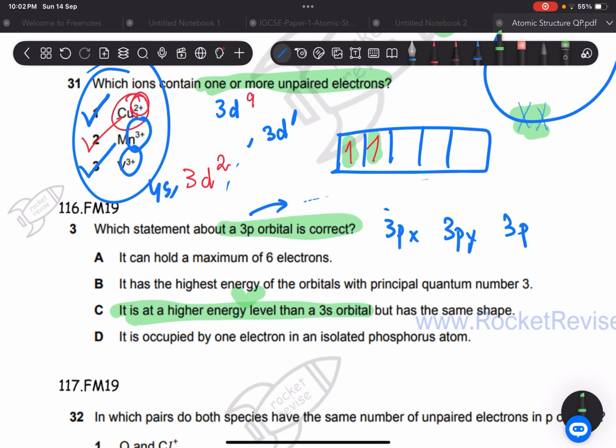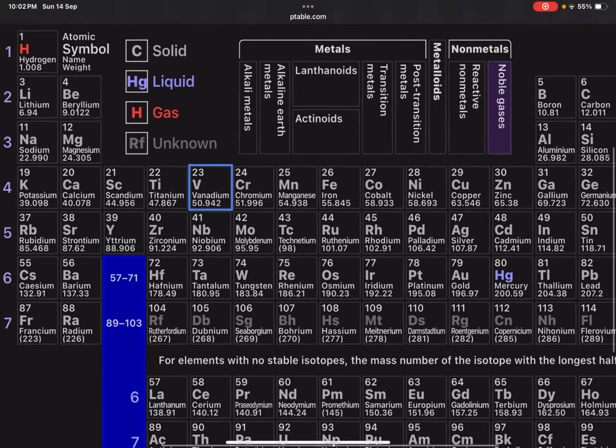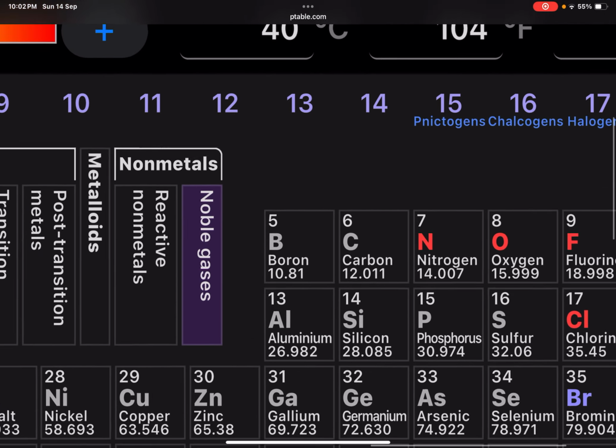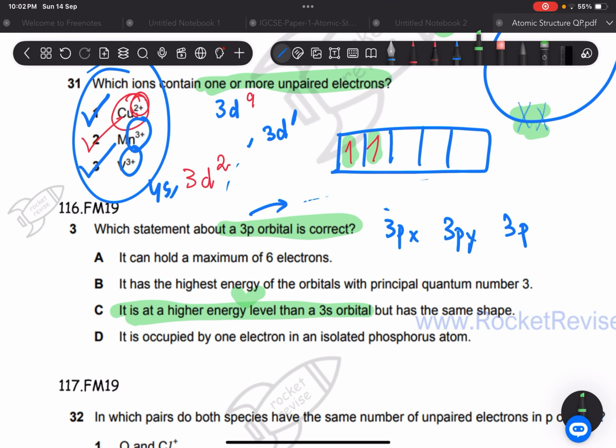It is occupied by 1 electron in an isolated phosphorus atom. Okay, let's check. It should have 1 electron in an isolated phosphorus atom. So here we are with phosphorus. Phosphorus is 3p1 2 and 3, 3p3. Yeah, that's correct.